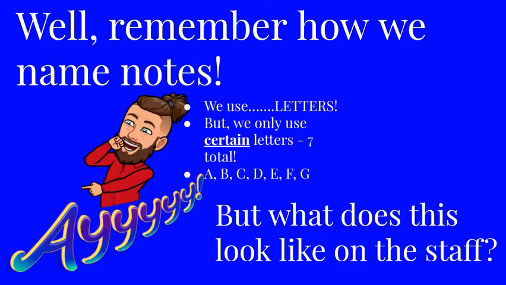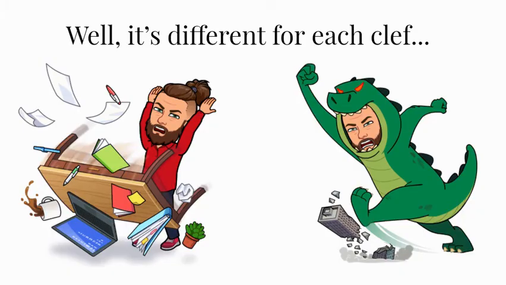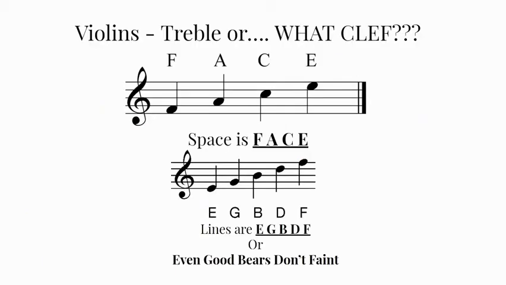So what does this look like on our staff? Well, it's different for each clef, but in this video, we're going to focus on our violin clef and staff. So for violins, we have our treble clef here, but remember, it's also called the what clef? It is the G clef.